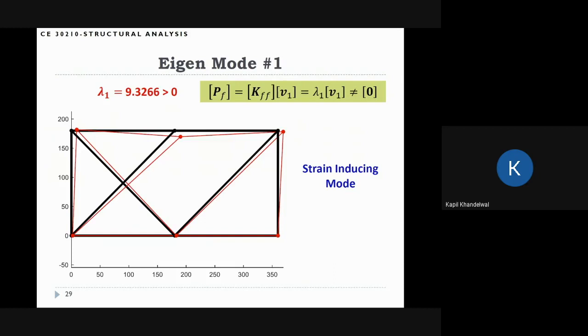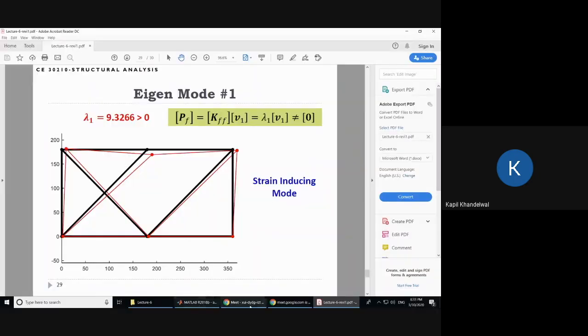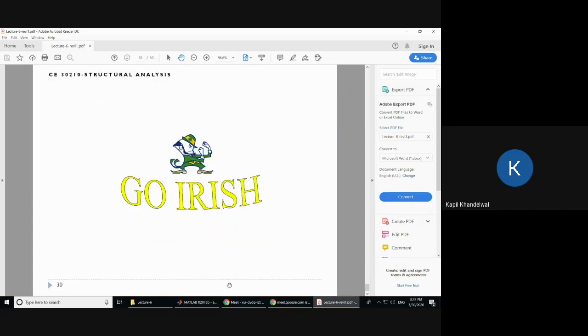This system is perfectly stable, and this is what we want for any kind of realistic system. This was the last case that I want to show in this example. Now what I want to do is go back and show you how this is done in MATLAB.